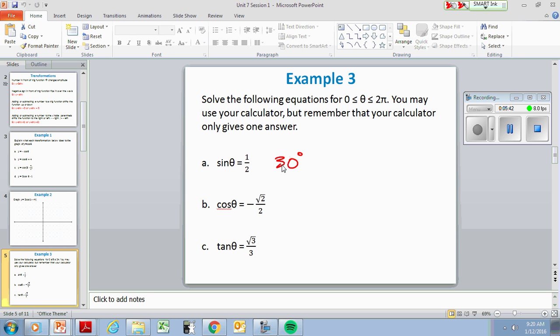What's the other one? On the little chart that I gave you, I'm looking for every place where sine is always the second number in the coordinates, where sine is positive. 90. Okay. 150. I hear 90, I hear 150.